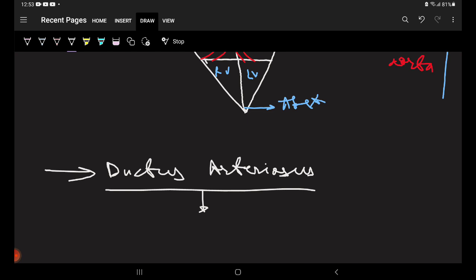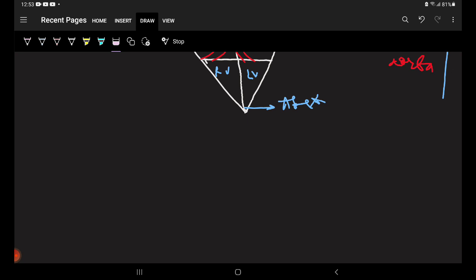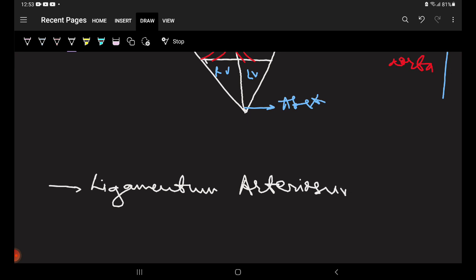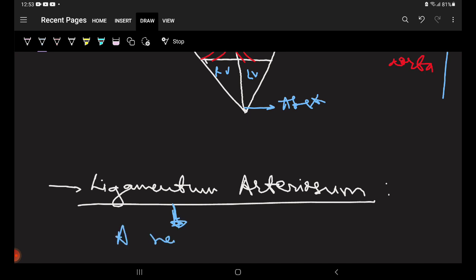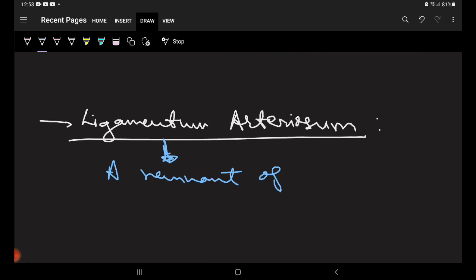So what is ductus arteriosus? Okay, I will first discuss the ligamentum arteriosum. What is ligamentum arteriosum? Ligamentum arteriosum is a remnant of the ductus arteriosus.